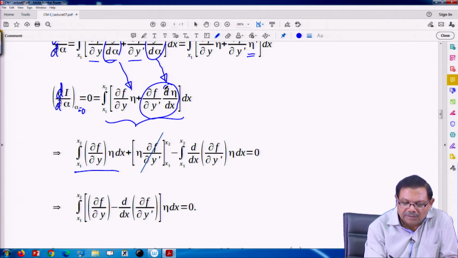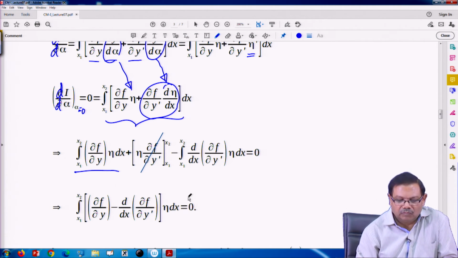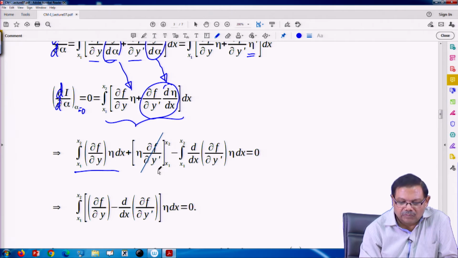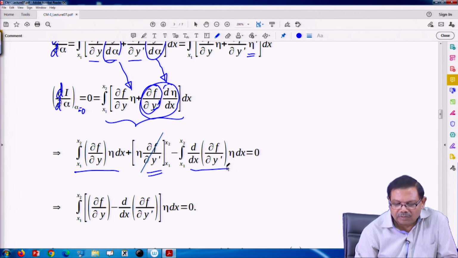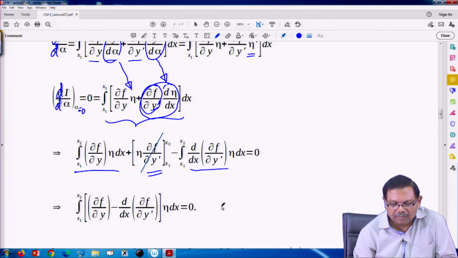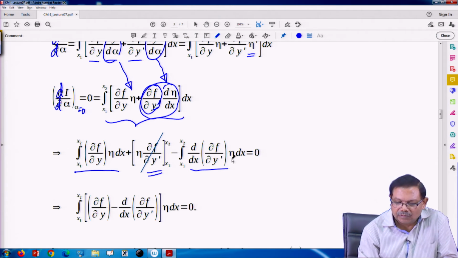So, it is d eta. Integration of that will give eta times the partial derivative of f with respect to y prime. So, that is what is written here. Then minus eta times the derivative of whatever I have already, the derivative with respect to x. So, d/dx of partial f partial y prime, and that eta has also come here.